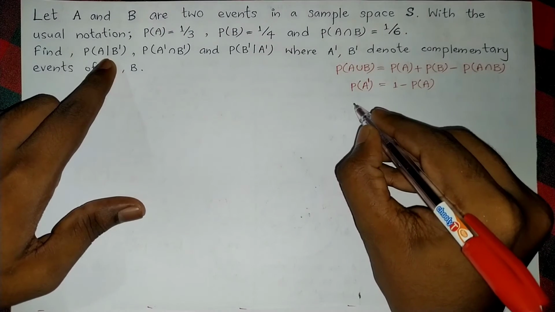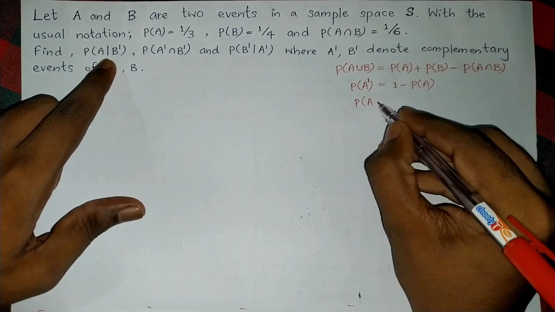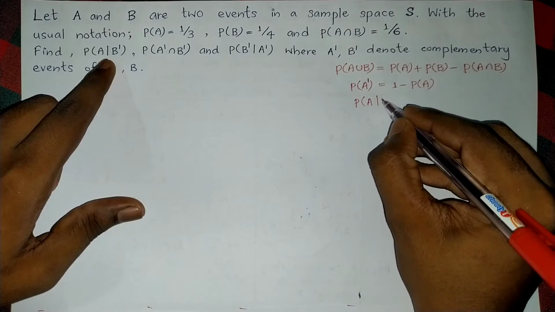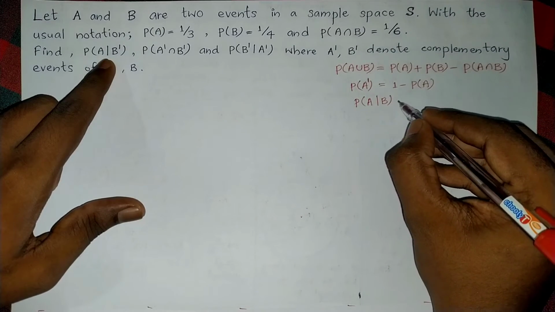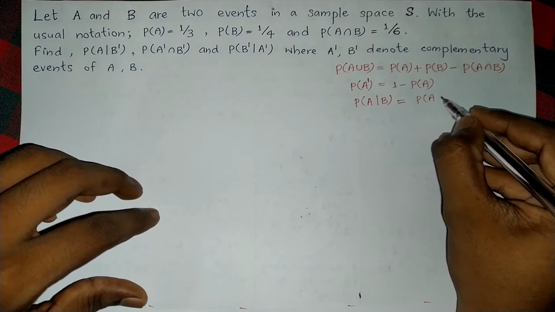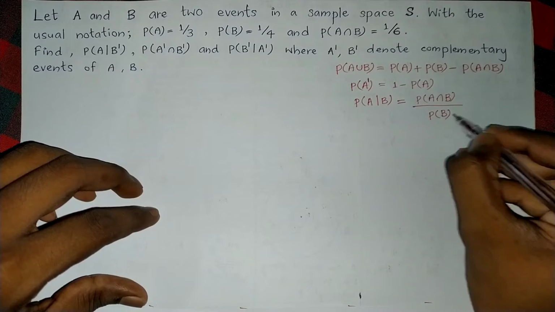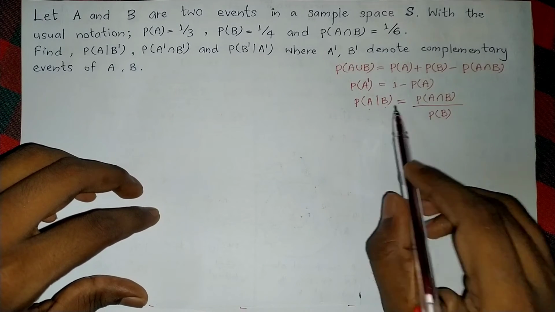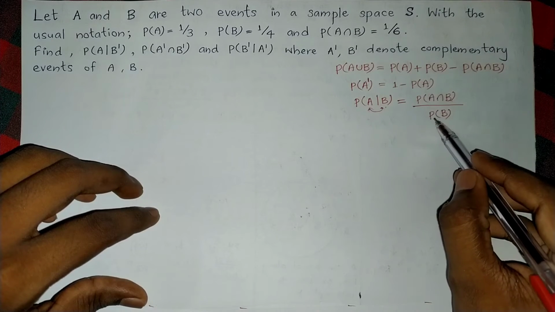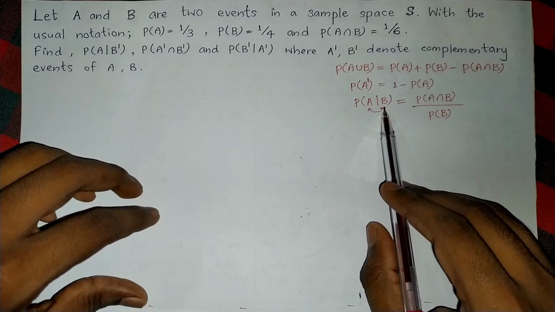So conditional probability, if they say probability of A given B, that is equivalent to probability of A intersect B over probability of B. So we have to consider the intersection of these two events and divide that by probability of the second letter, P(B).